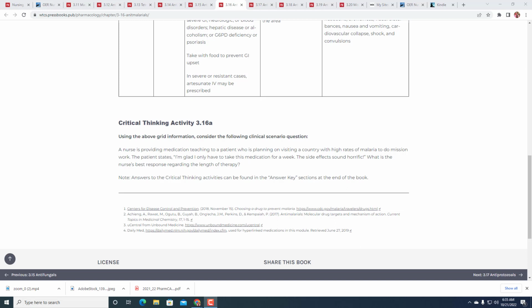So I want to make sure that the patient knows, hey, this is going to be a little bit more long-term than maybe you thought. It's a little bit disappointing, but your mission work is important, and we want to make sure that you take the medication in such a way that you don't get malaria, which is absolutely horrible to get.